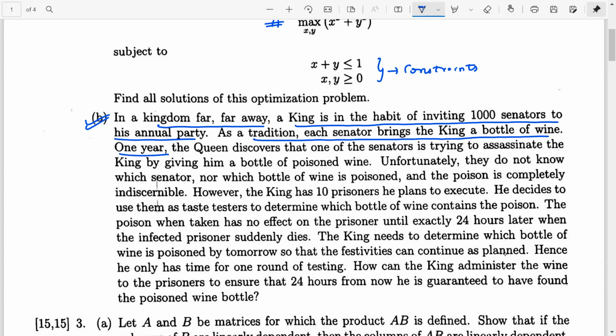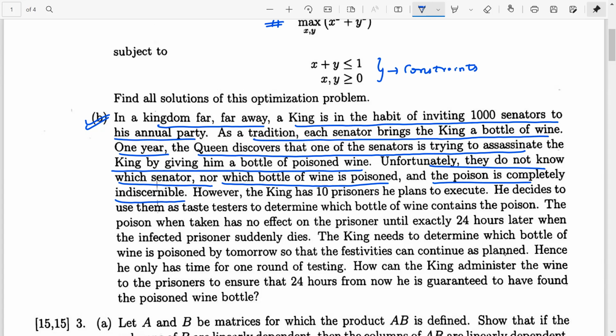One year, the queen discovers that one of the senators is trying to assassinate the king by giving him a bottle of poisoned wine. Unfortunately, they do not know which senator nor which bottle of wine is poisoned, and the poison is completely indiscernible. That means you can't look at the bottle and see that this contains the poison.